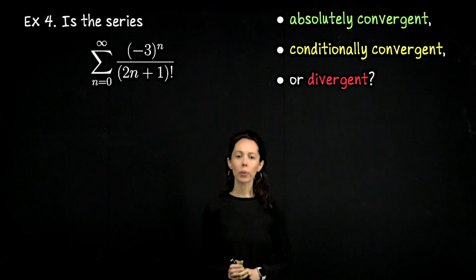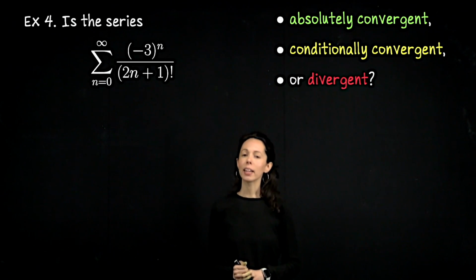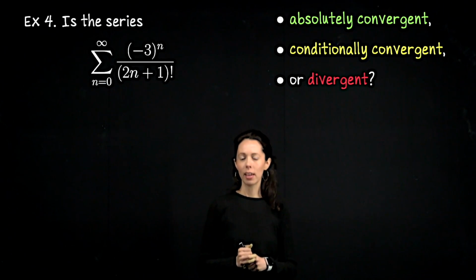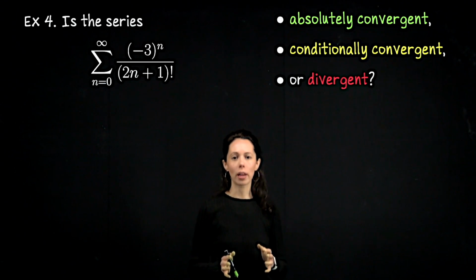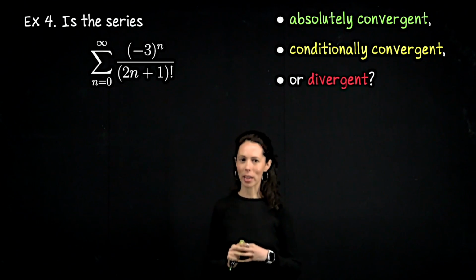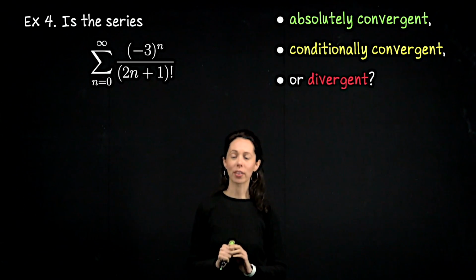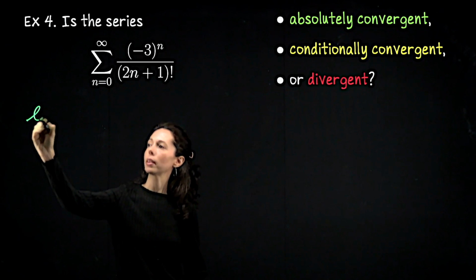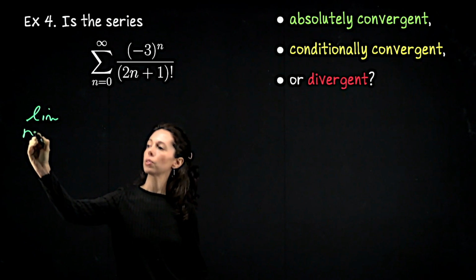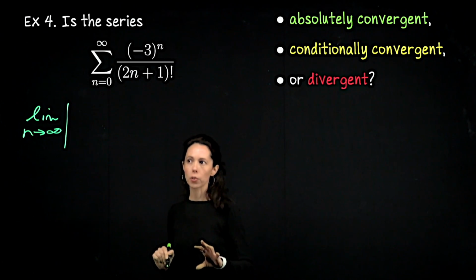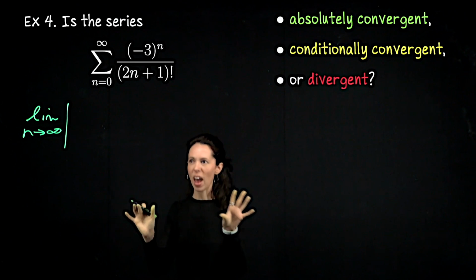In this example, we would like to use the ratio test to analyze the series of terms that looks like -3 to the n divided by the quantity 2n plus 1 factorial. Factorial is something that you see a lot in ratio test problems, so I'm going to show you how to handle that factorial. Let's jump straight into the ratio test. This is going to be the limit as n goes to infinity of the absolute value of, first I'm going to write the n plus 1th term as is.